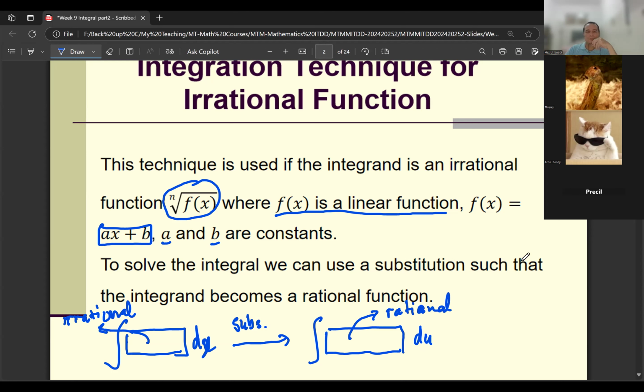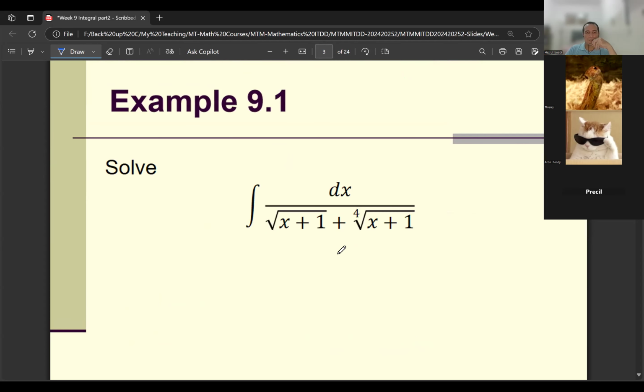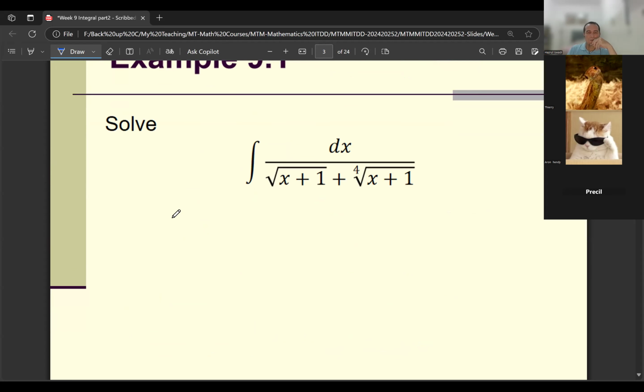And how to do that? Look at this example. We solve this problem by using the example. This is irrational because the components in the function contain a square root, and we try to change this function into a rational function.